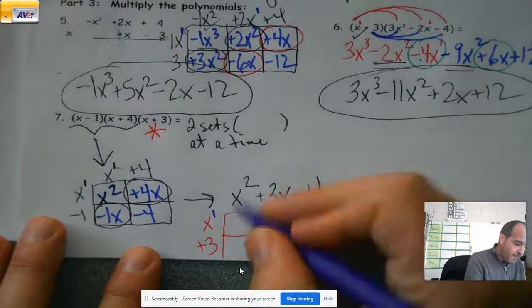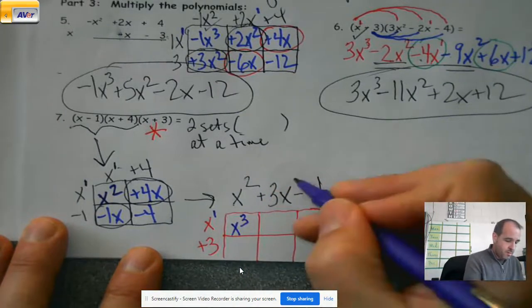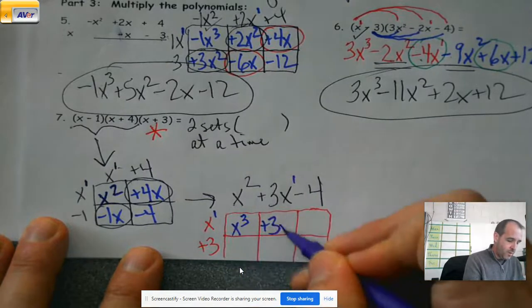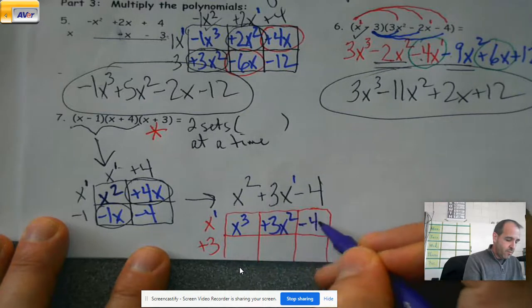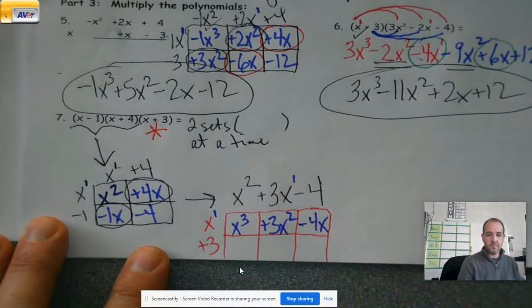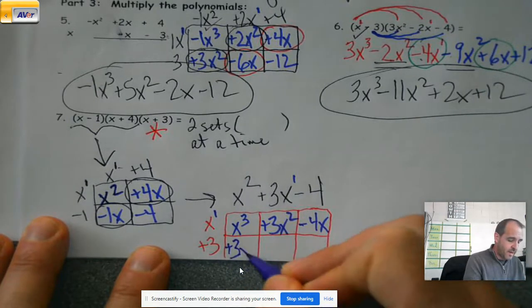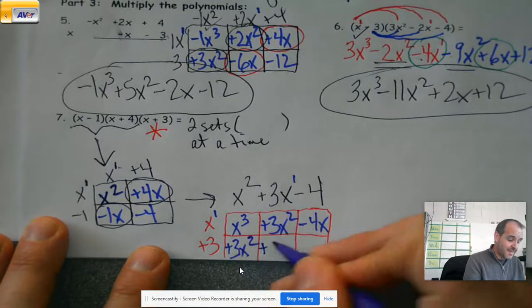So here, I'm going to add my exponents, x to the third. So we got plus 3, 1 plus 1 is 2. Negative 4x. And then do the same thing across the bottom. 3 times x squared is 3x squared. 3 times 3 is 9.